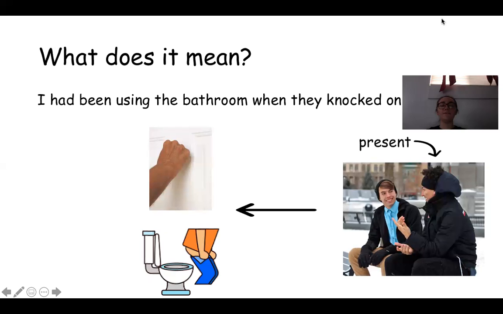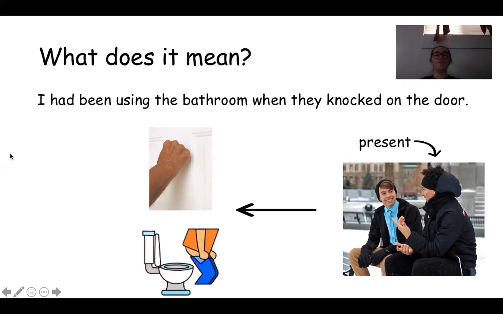So what does it mean? If you said, I had been using the bathroom when they knocked on the door, this is, so the present perfect progressive is when you're talking to someone, it lets them know that the action in the past continued. It kept going and going and going, even to right now, and it could still be happening, right?